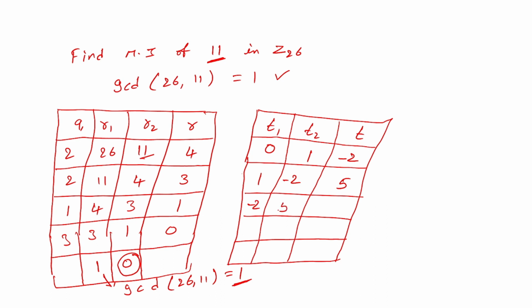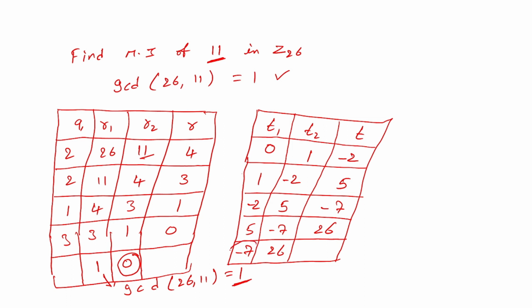Minus 2. 5 minus 2, minus 5, minus 7. 5 minus of minus 7 into 3. 7 threes are 21. 5 plus 21, 26. Minus 7, 26. With this you need to stop this table.